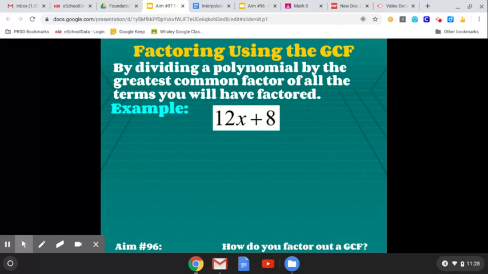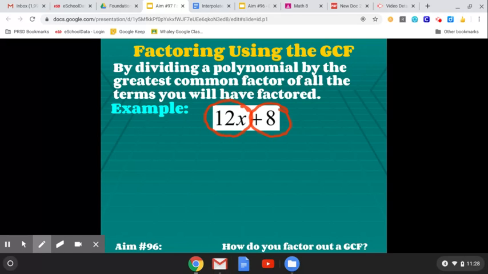The way we do that is we look at all of our terms. Keep in mind, we have two terms here, 12x and an 8. And we ask ourselves: what is the common factor of each of these terms? If you're forgetting what a common factor is, think to yourself, what can be divided into each of those things?